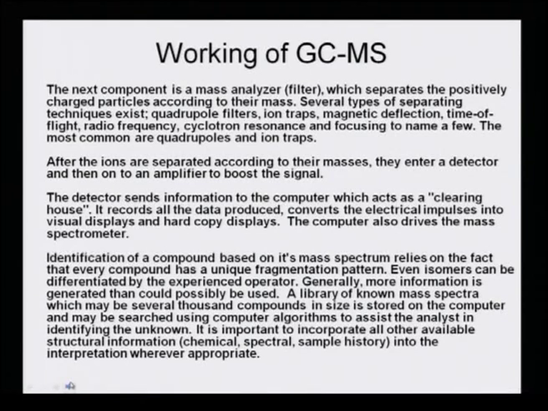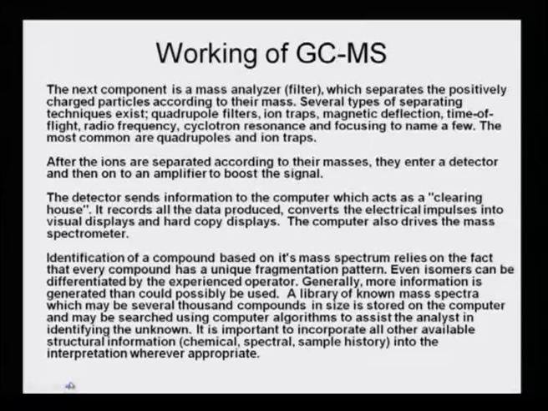Generally, more information is generated than could possibly be used. There is an enormous amount of information, but what an analyst needs to do is take the crux of the chromatogram or the spectrum, and that itself will give us an idea about the structure of the compound.